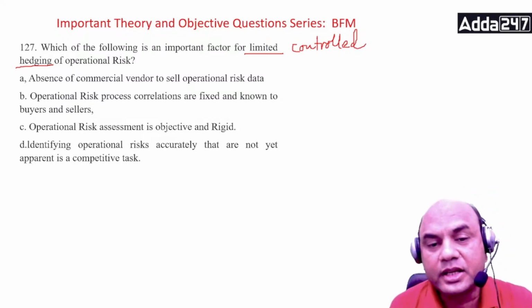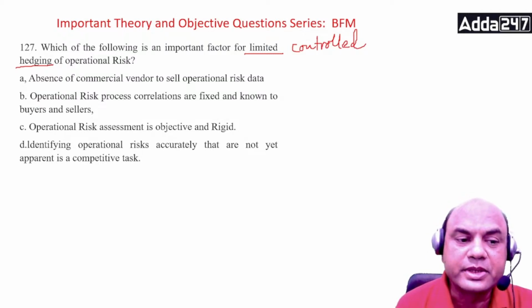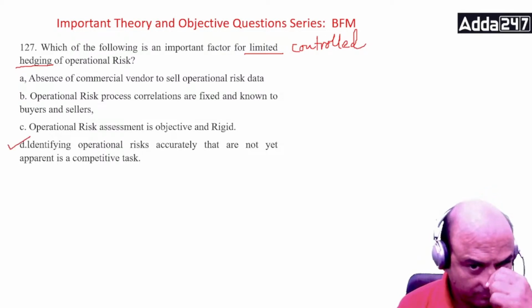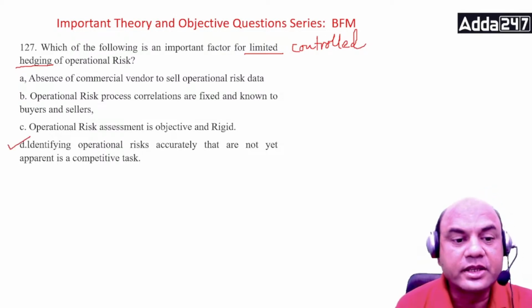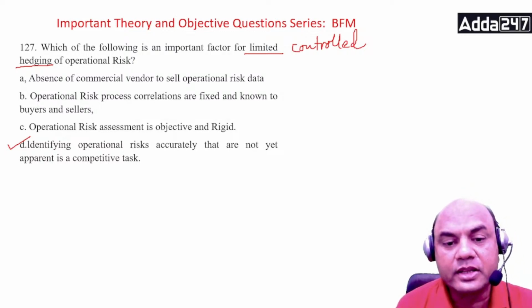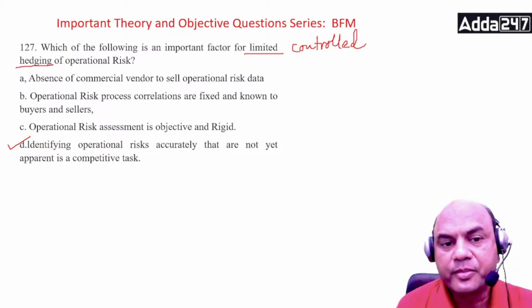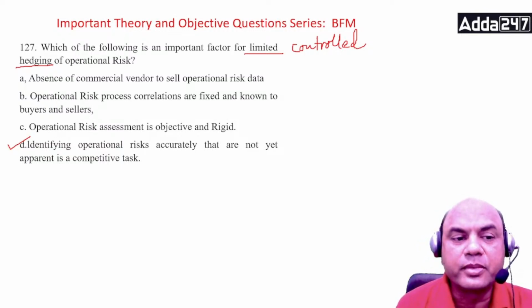But what is the answer, which one is an important factor? It is basically this one. Why? Because identifying operational risk accurately that are not yet apparent is a competitive task, and this is very important. What about the remaining ones?